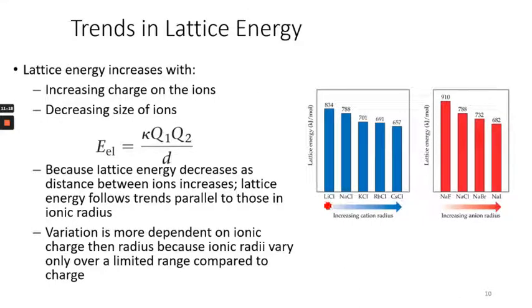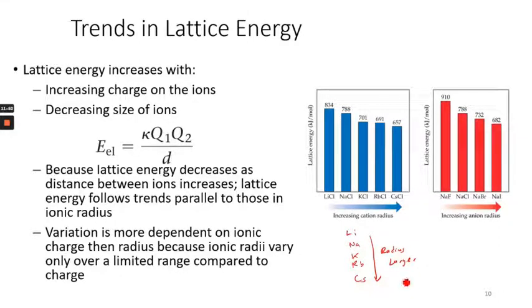You see here, we're going from lithium chloride, sodium chloride, and if we look at the periodic table, it goes from lithium to sodium to potassium, to rubidium, to cesium. So as we go down a group, our radius gets larger, right? And what is happening to our lattice energy here?